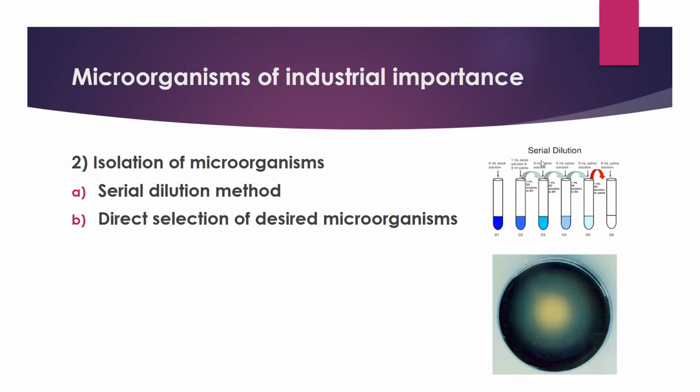So the fundamental aspect is our purpose is to serially dilute the rich environmental source so that we could dilute the density of the microorganisms in various test tubes, so that ultimately in the last test tube, which is the most diluted one, whenever we take the sample from the last test tube and grow it on the petri dish, we could find microorganisms that are distinguished and separated on the petri dish.